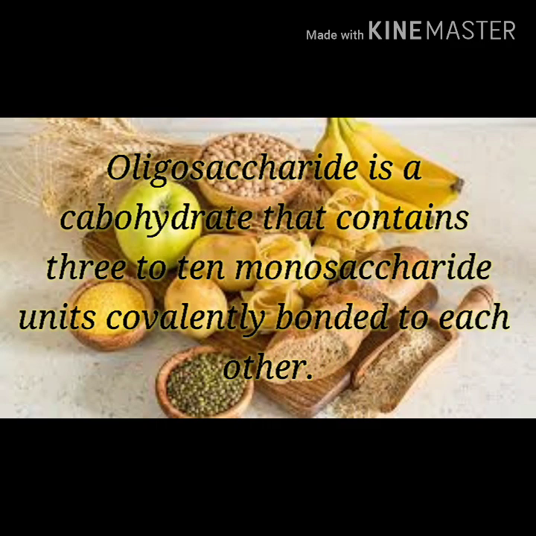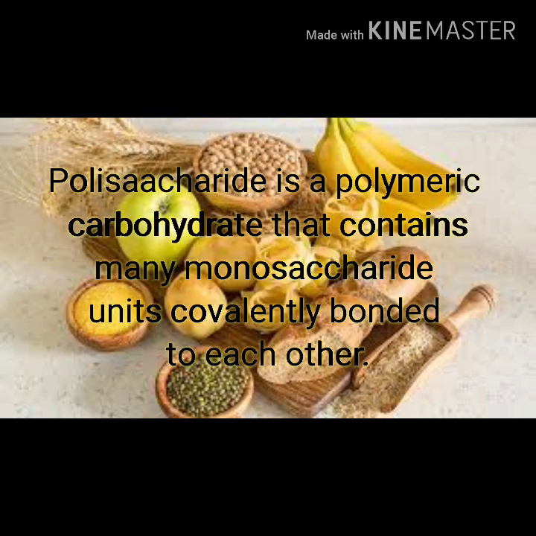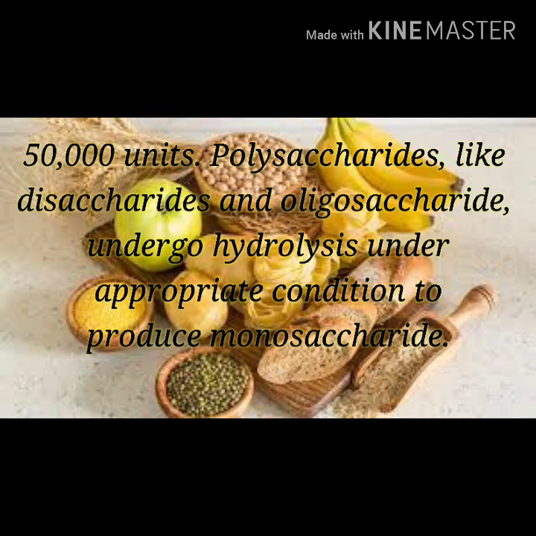Oligosaccharides. An oligosaccharide is a carbohydrate that contains 3 to 10 monosaccharide units covalently bonded to each other. A polysaccharide is a polymeric carbohydrate that contains many monosaccharide units covalently bonded to each other. The number of monosaccharide units present in polysaccharides varies from a few hundred units to over 50,000 units.